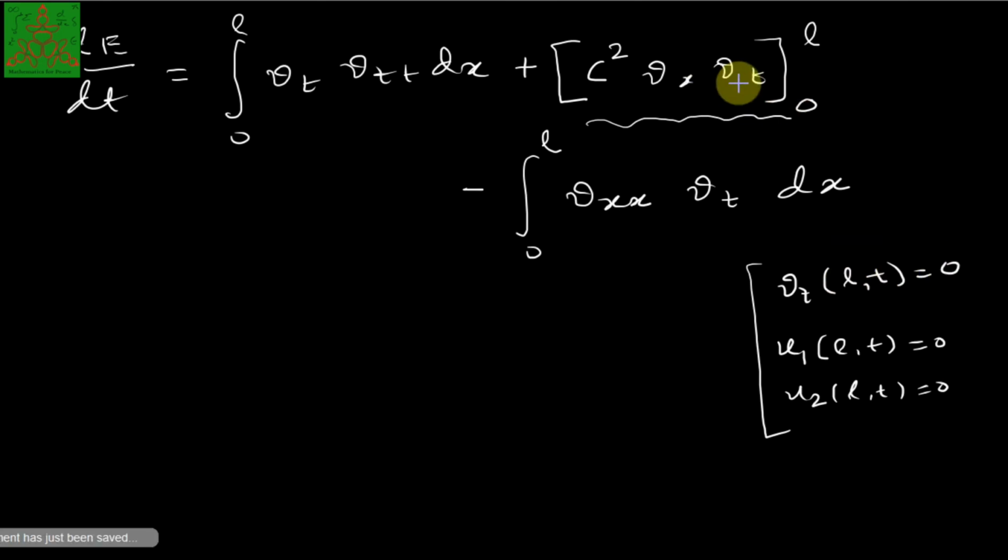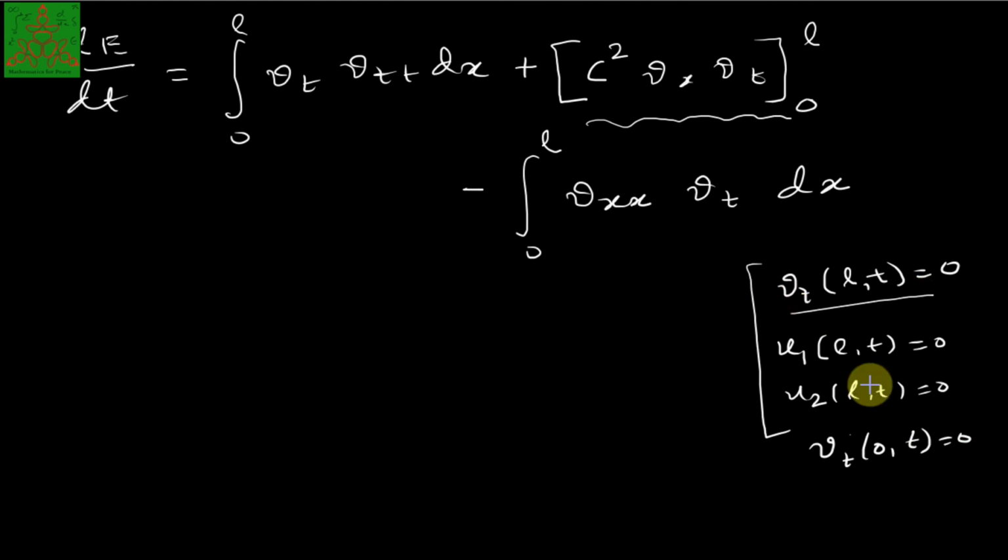And v_t at (0,t) is also 0. This is actually the velocity at the boundary, where x is equal to 0 and x is equal to L, and the velocity is 0. So due to this, the term tends to 0.